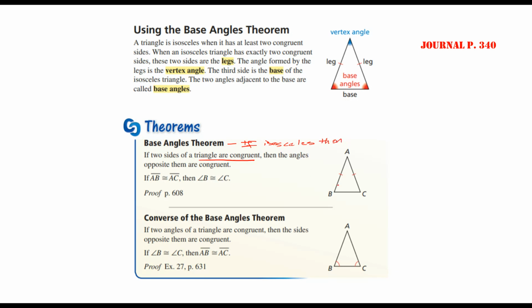So in this case, angle B would be congruent with angle C. So then we know those two angles are equal. Then we have the converse, basically the opposite if-then. If two base angles are congruent, then we have an isosceles triangle. Then we have two sides that are congruent. And we'll apply that throughout our lesson today. The problems aren't too bad. Let's get into it.